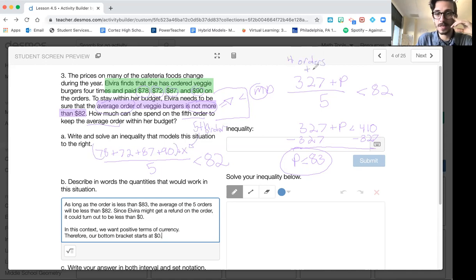If you add them all up, it gets you 327. If you multiply both sides by 5, that breaks up the fraction. You can then subtract 327, and this leaves you with the 5th order should be less than $83. So as long as the order is less than $83, the average will be less than $82.